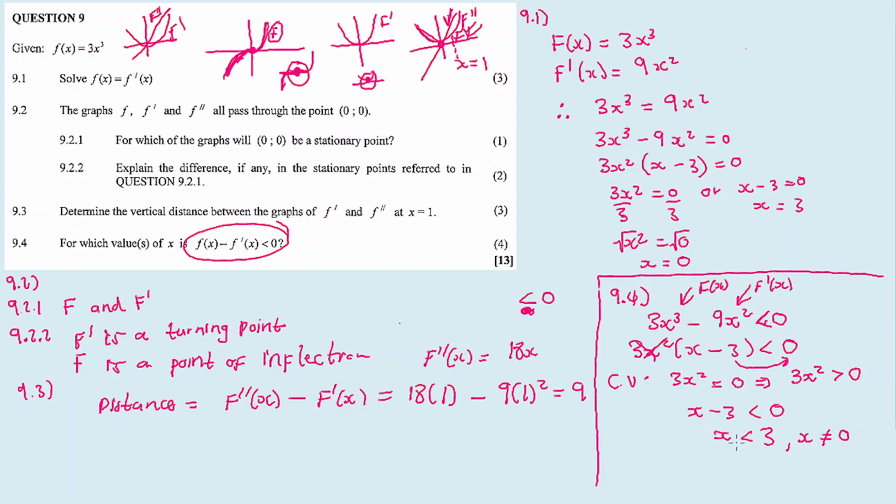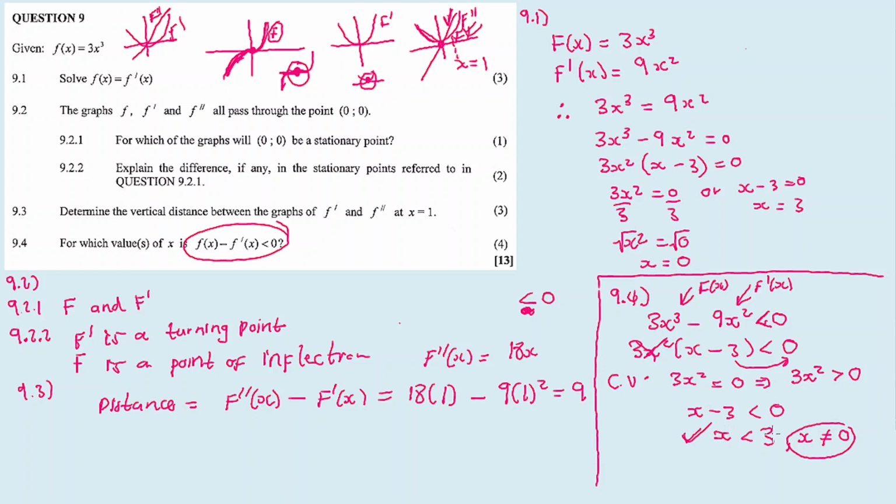Why do I say that? Because x is less than 3. This is our solution. X must be less than 3. And 0 is less than 3. So if I include the statement less than, I'm saying all my solutions are all the x less than 3.